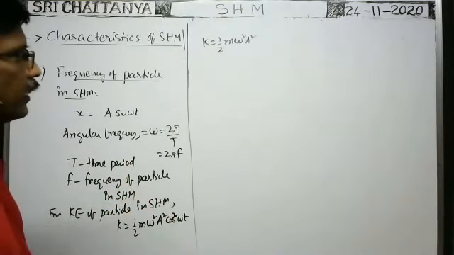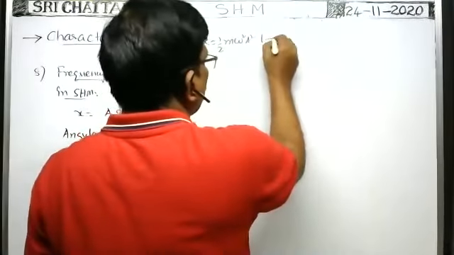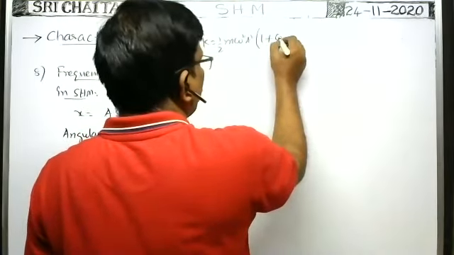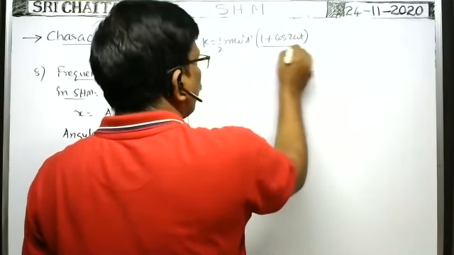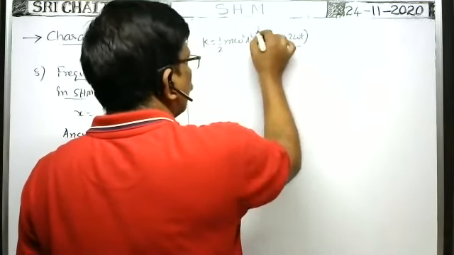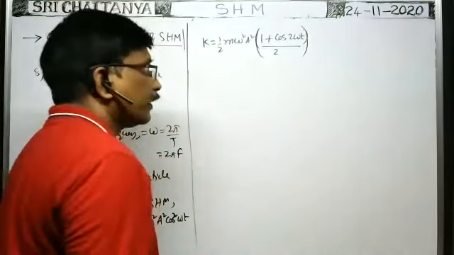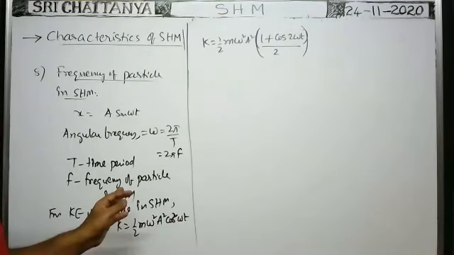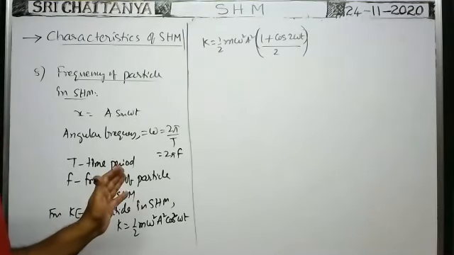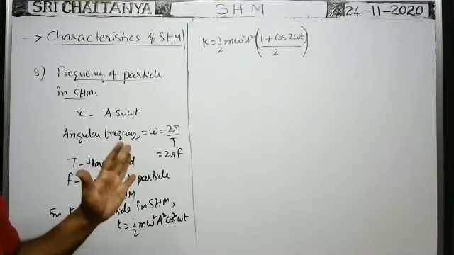We can write cos square omega t as 1 plus cos 2 omega t whole by 2. Can we write cos square theta as 1 plus cos 2 theta by 2? Can we write like this or not?